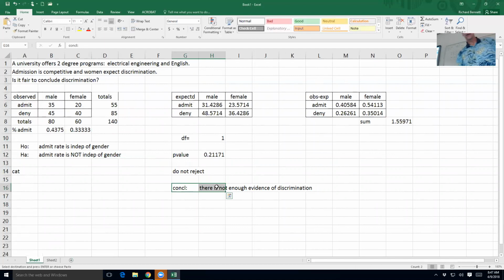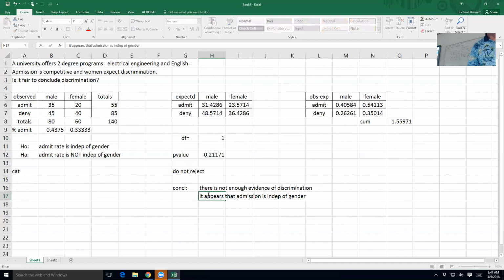Okay? And in fact, you'd probably say that a better conclusion would be it appears that admission is independent of gender, or it's not independent. Okay?